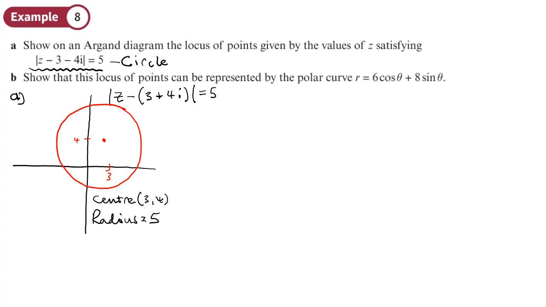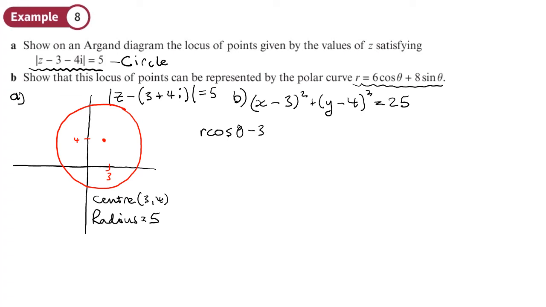Right, part B. Show that the locus of points can be represented by this polar curve here. So let's start by writing what the Cartesian equation is. X minus 3 all squared plus y minus 4 all squared equals 25. So the x we can replace with r cos theta minus 3 all squared, and the y we can replace with r sine theta minus 4.